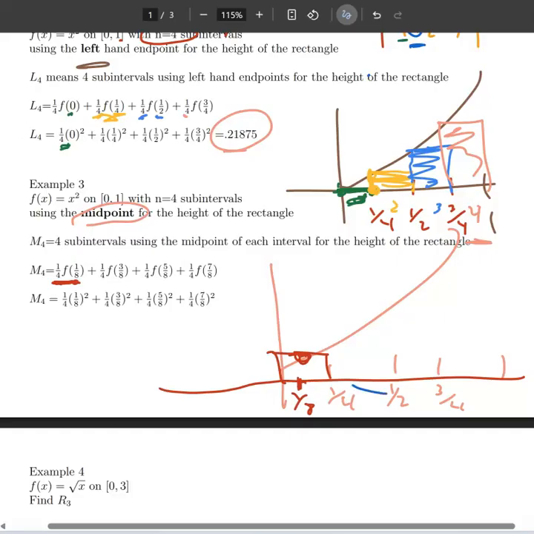Go to the next rectangle. Still width of 1/4. Between 1/4 and 1/2 is 3/8. So I make this rectangle that looks like that. Then the next rectangle, I go here and I'm going to use 5/8, which is in between those two. So the width of 1/4, height of f of 5/8.